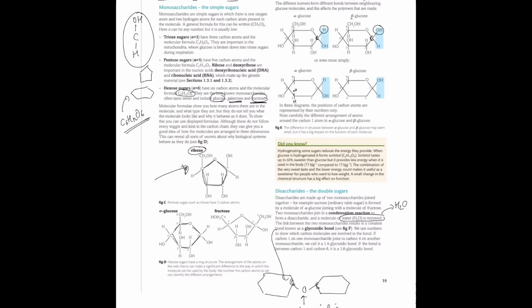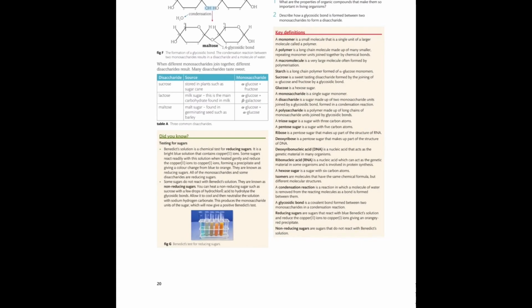So that's carbon 1 over here, this is carbon 4, and if these were to join together, that's called a 1,4 glycosidic bond. They've shown that over here. Here alpha glucose produces maltose, and that's a 1,4 glycosidic bond. And you can see water is a byproduct.